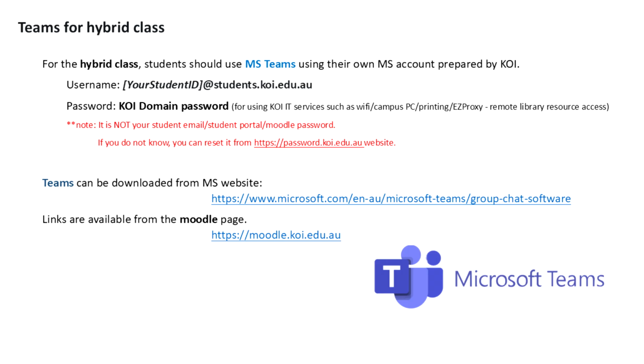The password for this system is your KOI domain password. This is not the same password that you use for your email, student portal, or Moodle. It's a different password. If you want to download Teams, you can download that from the Microsoft website, and the links for your classes should be available on Moodle.